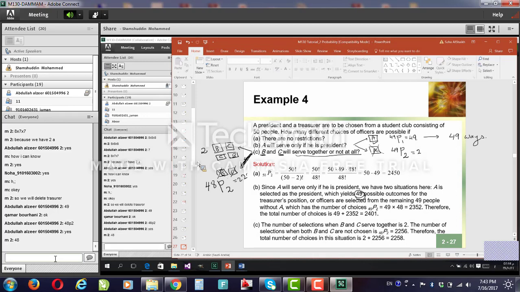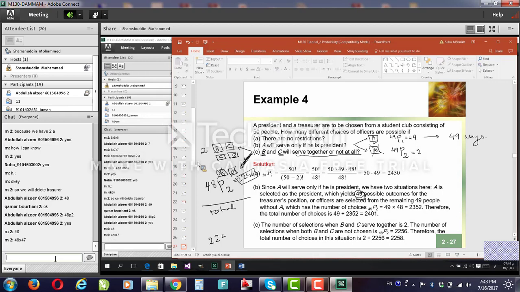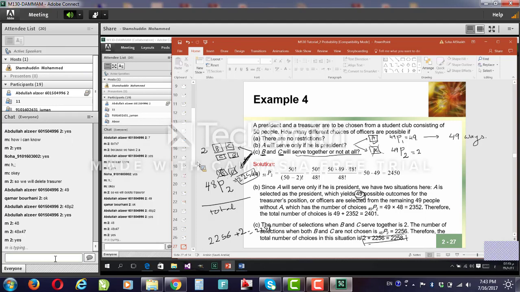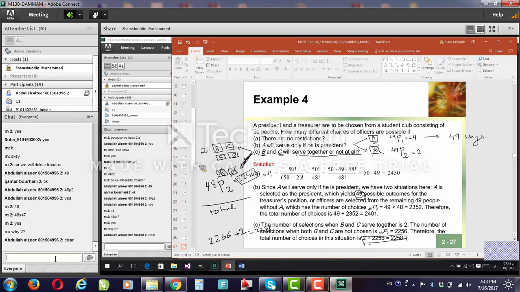The total is what? 2256 plus 2, and the result is 2258, as you can see here. Okay. Exactly. Clear? Okay, good.